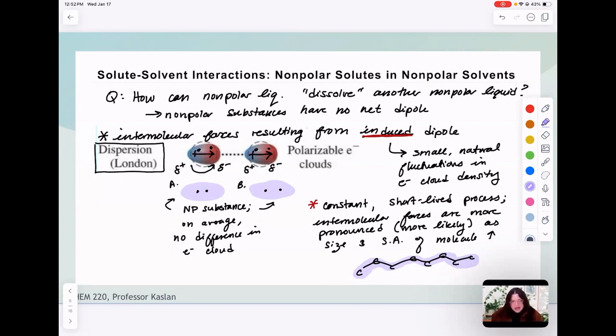So when talking about solute-solvent interactions between nonpolar substances, this is all purely due to our London dispersion forces, or the idea of like these short-lived induced dipole interactions.